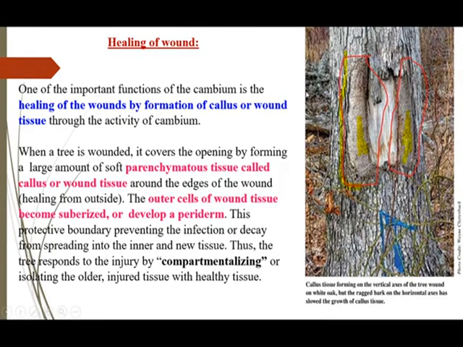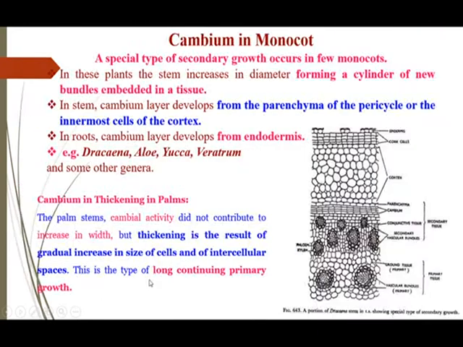The outer layer of the wound tissue develops thickening and forms periderm, separating the lower healthy part of the plant from the infection through compartmentalization, meaning isolating the older injured tissue from the healthy tissue.